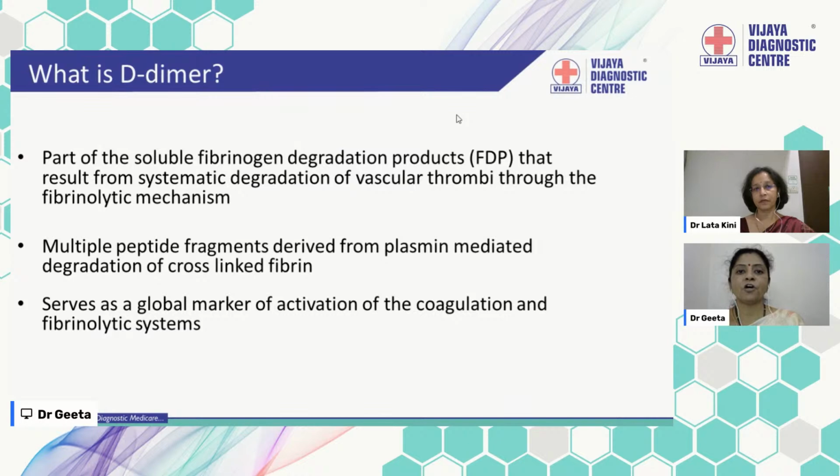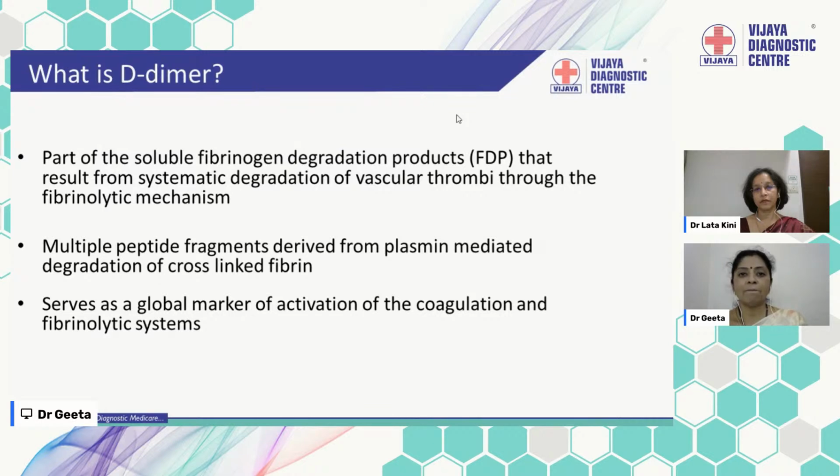D-dimers are part of soluble fibrin degradation products that result from systematic degradation of vascular thrombi through the fibrinolytic system. So it is a marker of the endogenous fibrinolytic mechanism.